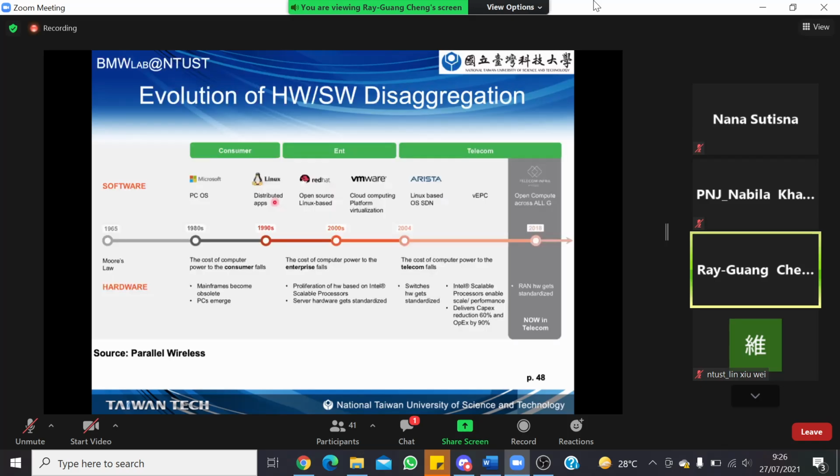Functional split. We already mentioned that from the PC era, we started to have commodity hardware, then we try to have different OS. For the RAN, they also want to do so-called hardware and software disaggregation.